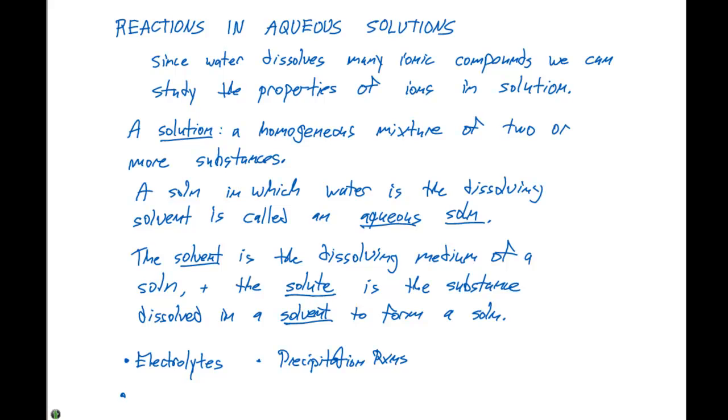We will investigate acid-base reactions. We will look at oxidation reduction reactions. And all of this is going to come together, and we're going to look at concentrations and solution stoichiometry. So this is going to be what's in store for this next unit, and we'll go into detail about all of these particular topics.